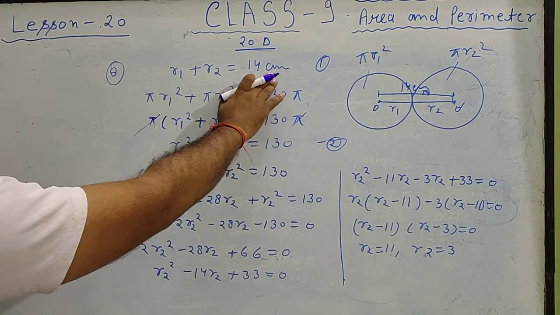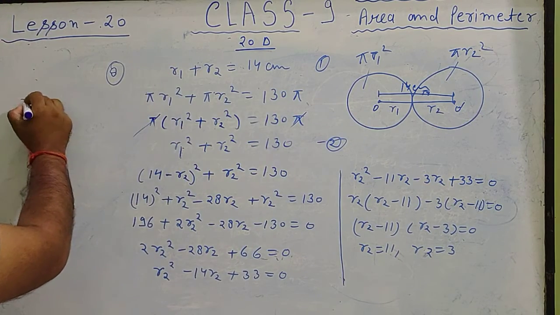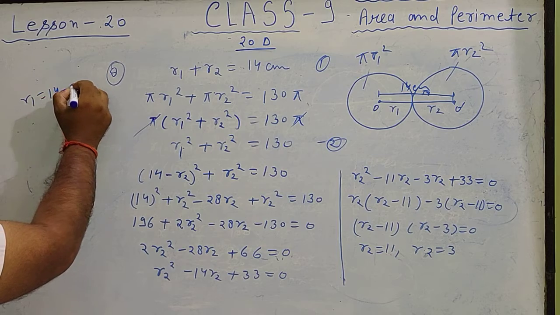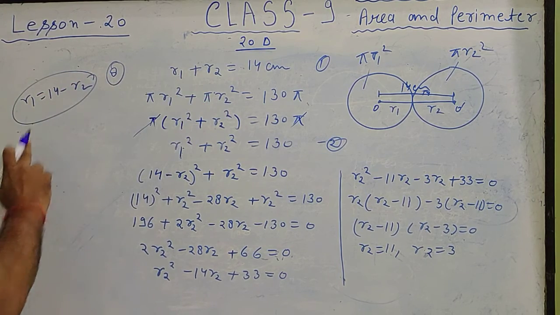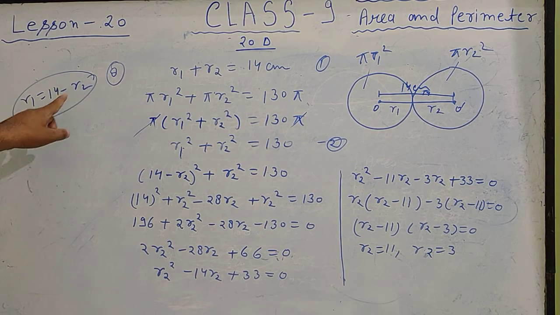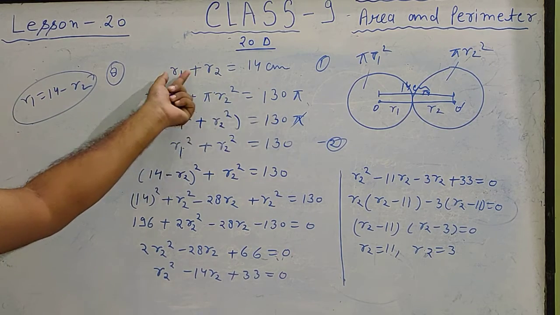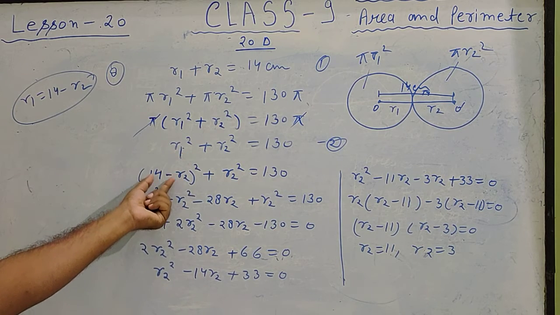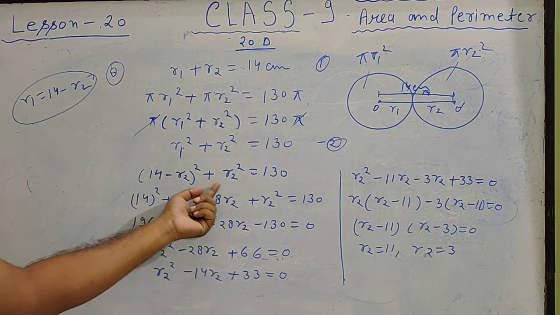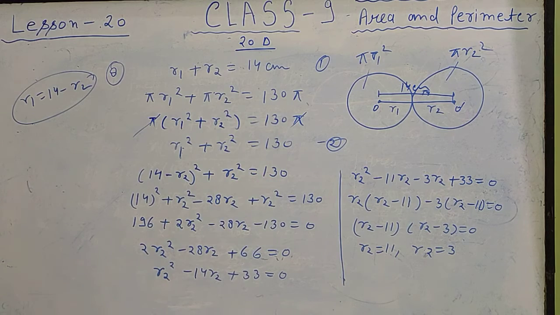From equation 1 we find the value of r1, that is r1 is equal to 14 minus r2. Now put the value of r1 in the second equation. So in place of r1 write (14 minus r2) whole square plus r2 square equals 130.